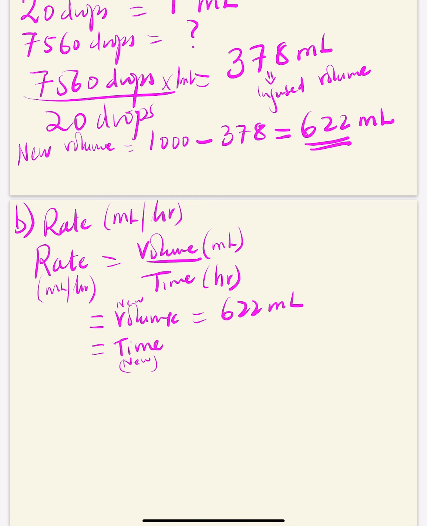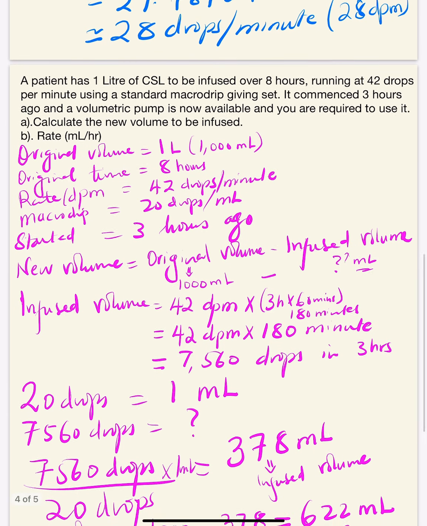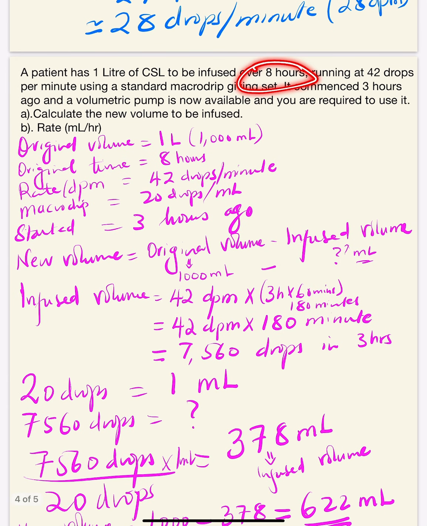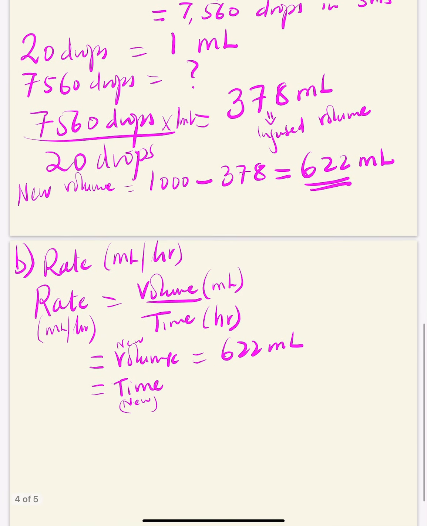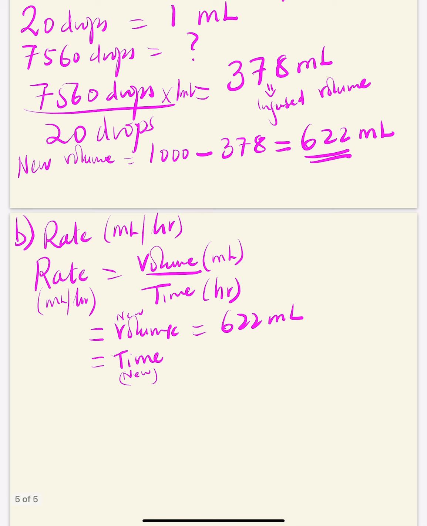Remember at the beginning, this infusion was to run for 8 hours, but it's been going for 3 hours. So our new time is equal to the original 8 hours minus the 3 hours already infused.